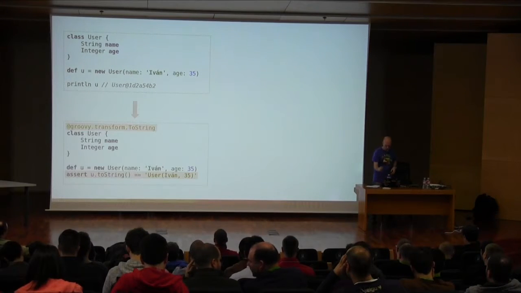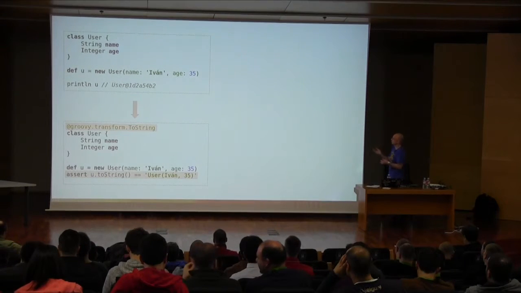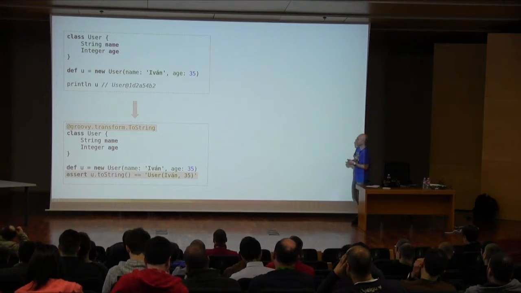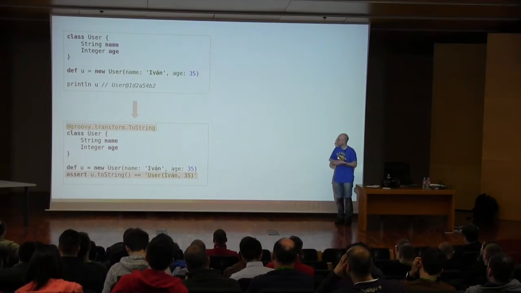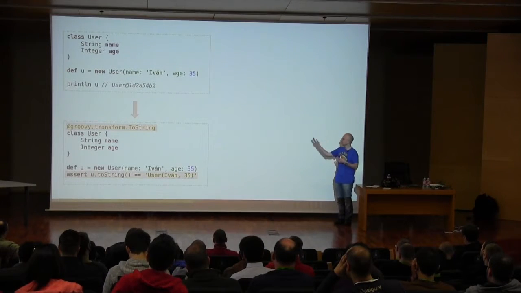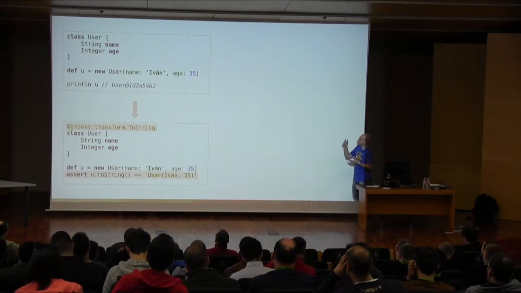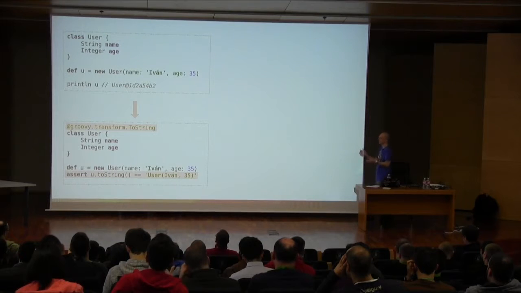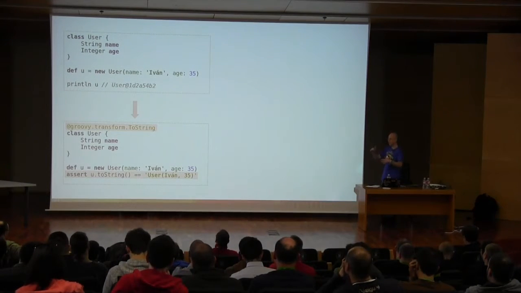So what you can do is annotate the class with toString, and now if you create an instance with name Iván and age 35, you can check that now you have this nice implementation for toString. It will print the name of the class and the values of the parameters in the natural order, I mean, the order in which they are defined in the class.